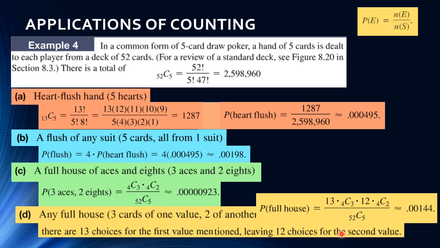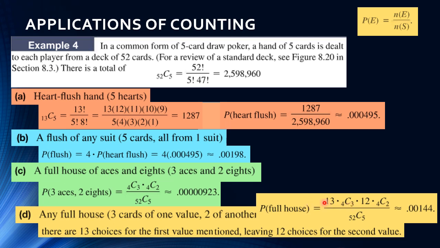So here we would have 13 choices to get the first 3 cards from any number, and then once we have done that, we would get 12 choices to get the 2 cards from another number. So again, this is kind of like A and B. Here we were doing suits. Now we're doing specific cards, and there are 13 cards in every suit.